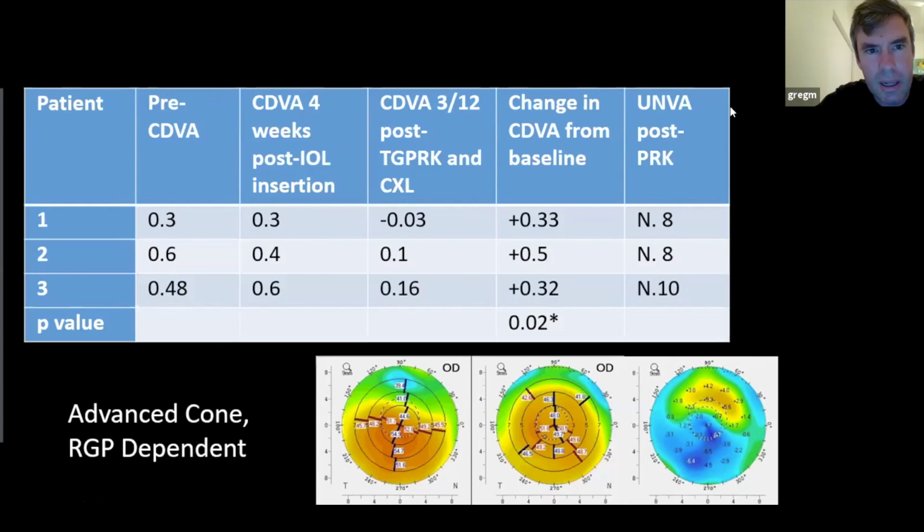What we found in these 3 patients was that after the IC8 went in, the spectacle corrected vision was okay. We were certainly able to reduce our refractive error significantly. But then what it really did was open up the door for a topography-guided PRK procedure, which reshaped the cornea. And because of the reduction in refractive error, we didn't have to expend a lot of tissue.